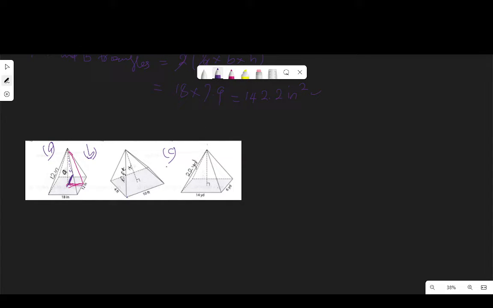So first of all, I'll draw a diagonal of the base of the pyramid here. Half of this diagonal will give us the length of this triangle here. That will help us to get the height of the triangular faces.